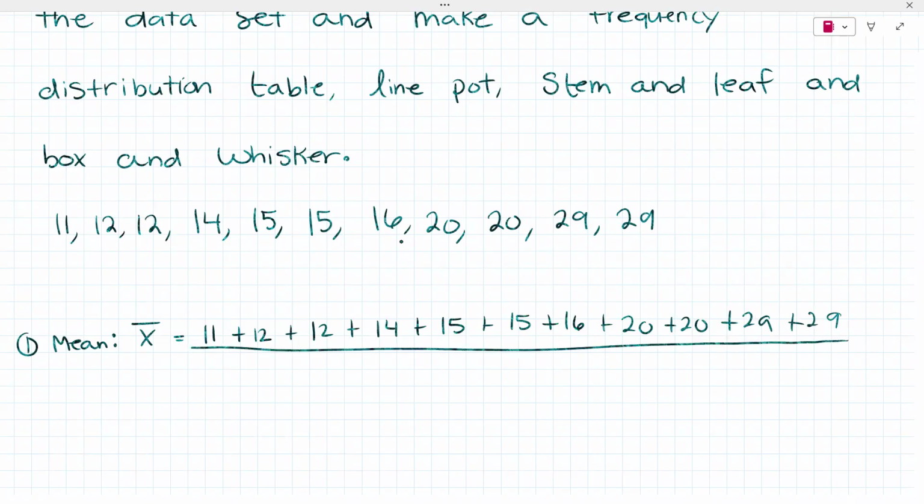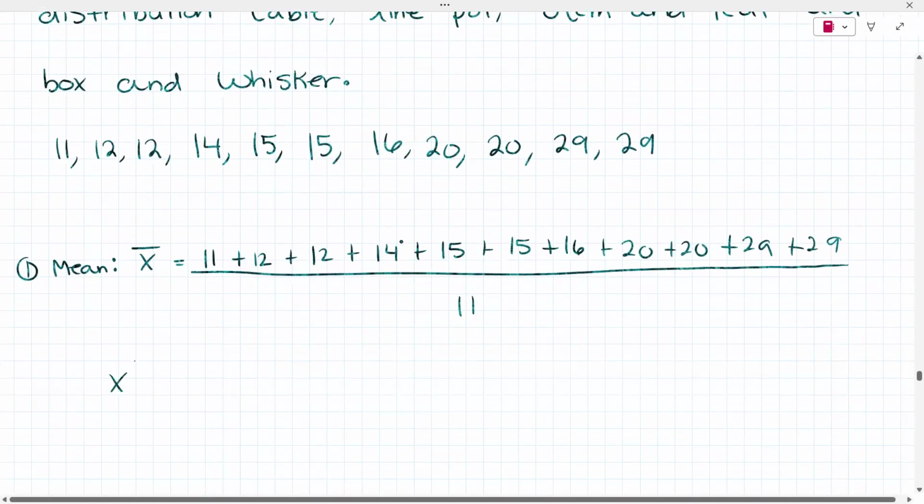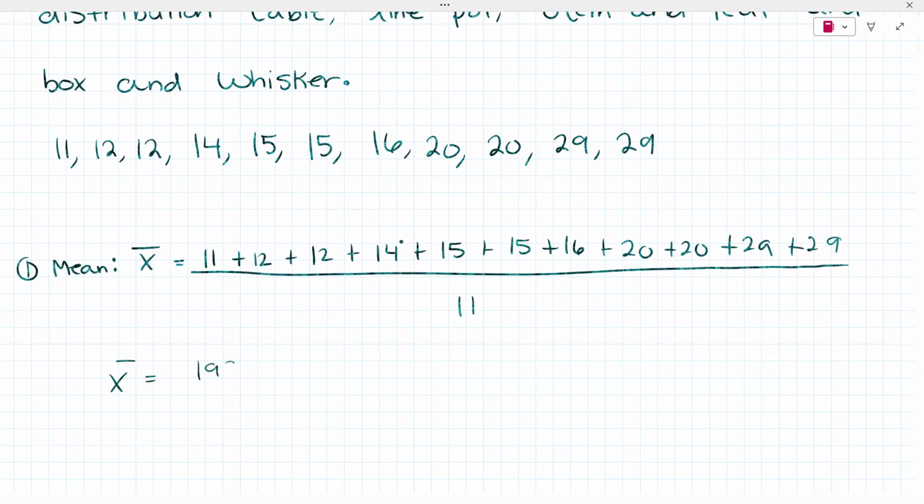The total amount of numbers looks like there's 11. So for your mean, you add up all the numerator, that's 193, divided by 11, which is 17.27.